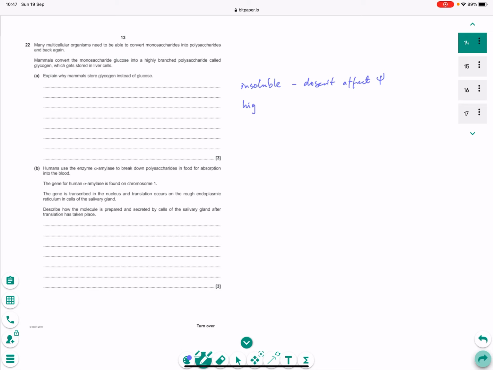You could say it's highly branched. So this is explain. So you can't just describe. Highly branched, and so accessible for breakdown. Sorry about my writing, hurrying.